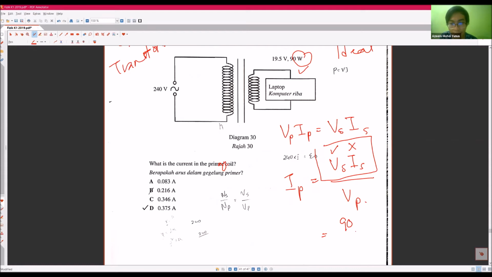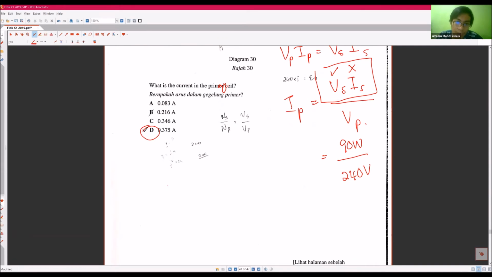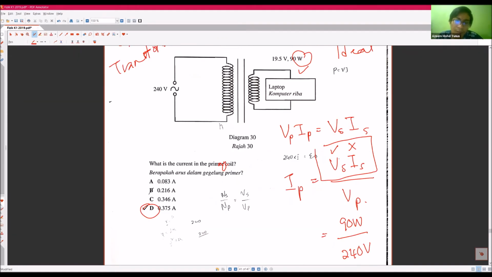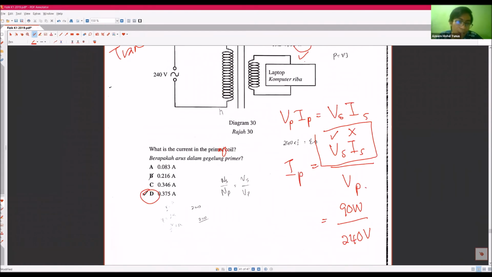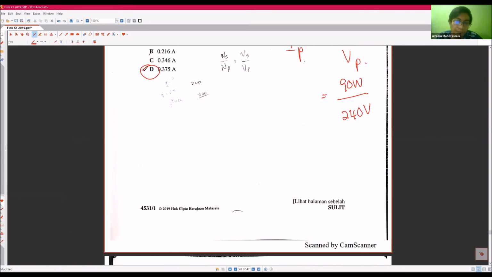So 90 watts divided by 240 volts for the primary, and plugging that into the calculator we get 0.375 ampere. As simple as that. But you can as well find I manually, and then if you multiply back with V 19.5, you will get 90. So why waste time? Just plug in 90 directly.